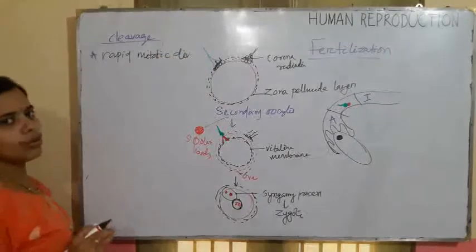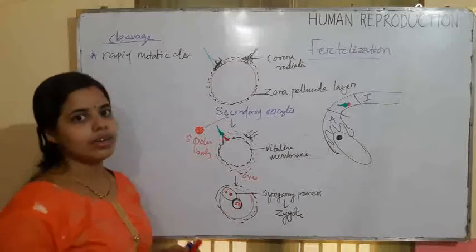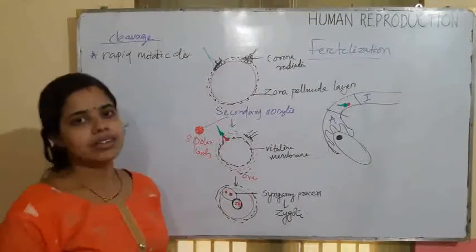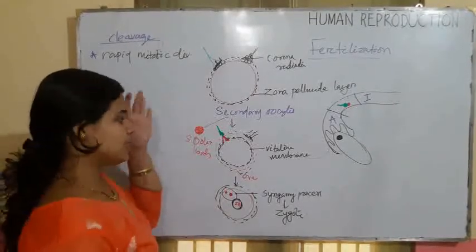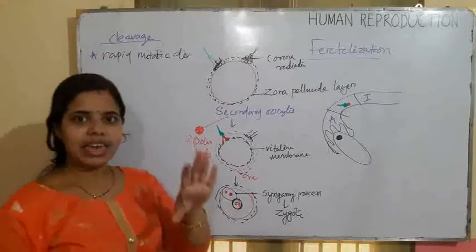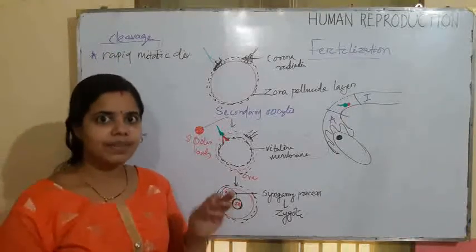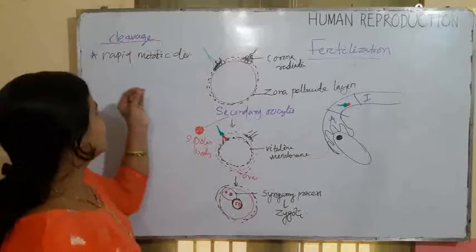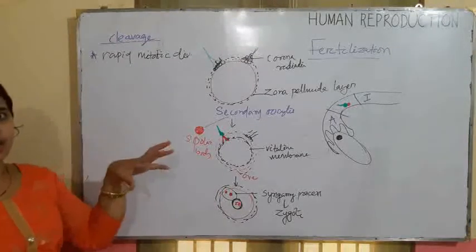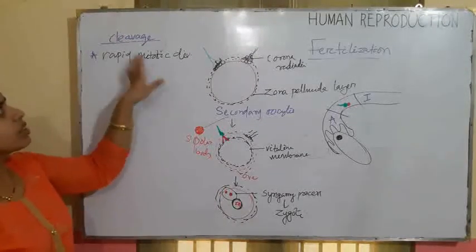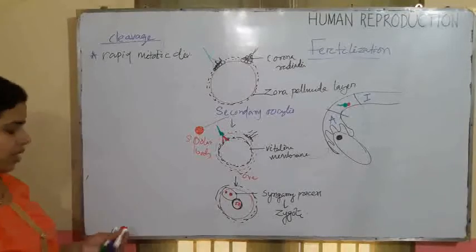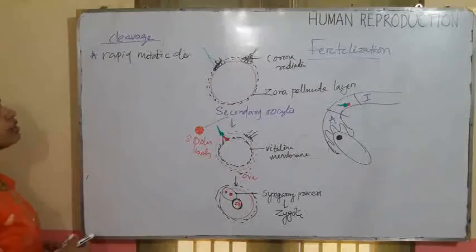So we might be confused why we use the word cleavage instead of mitotic division. It is a type of mitotic division, but there are very little changes between the mitotic division process and the cleavage process. What are the differences between mitotic division and cleavage?